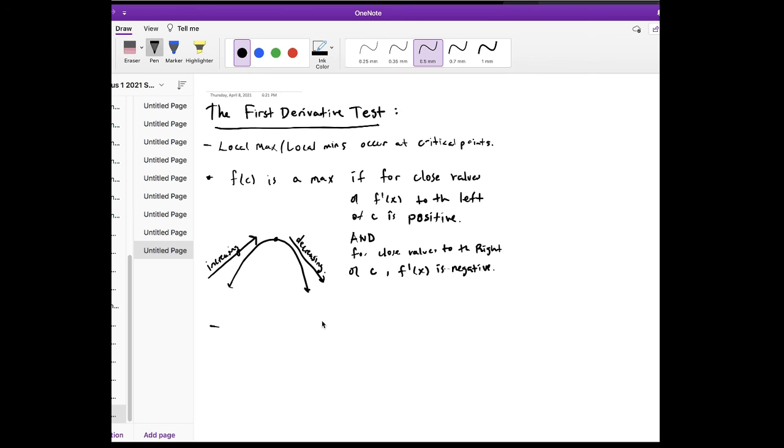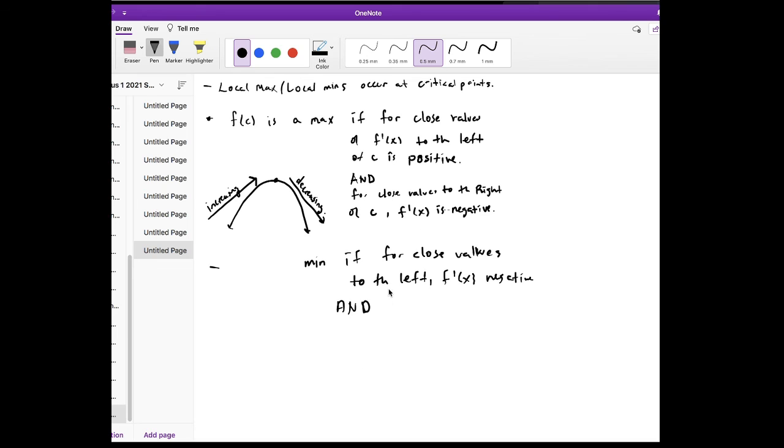Okay, so then similarly, a min, if for close values to the left, f prime of x is negative, and close values to the right is positive.